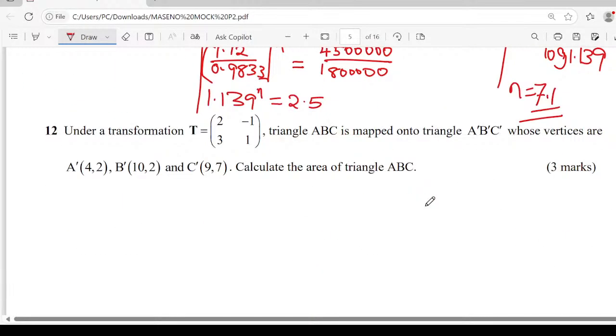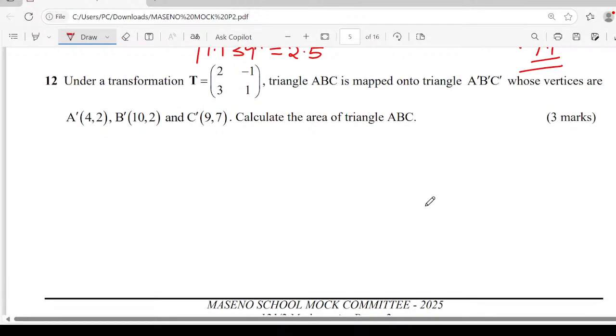Let's look at question number 12: under a transformation T, which is 2, 3, negative 1, 1, triangle ABC is mapped onto this via these vertices. Calculate the area of this one here. You know that area scale factor is equal to the determinant of the matrix of transformation T. So first of all, let me get the determinant.